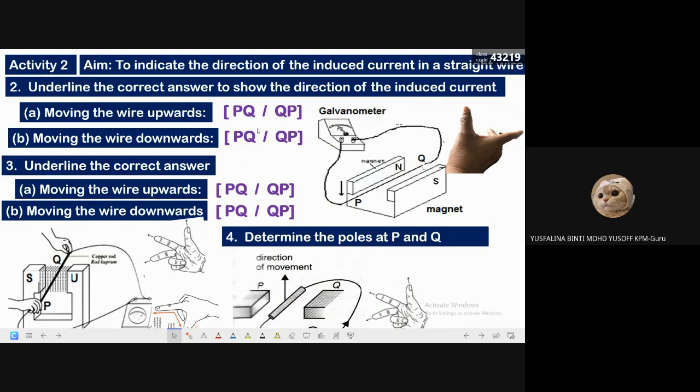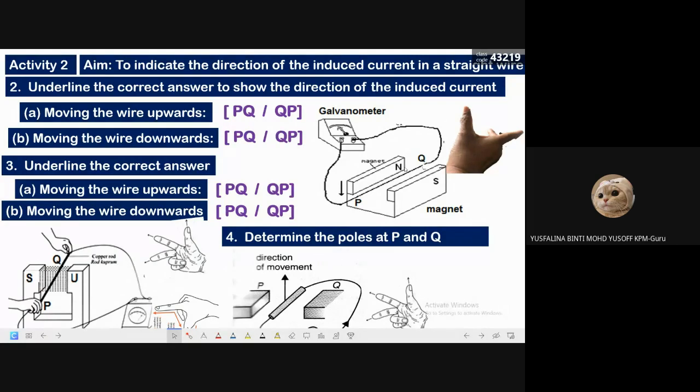Before this, in the electromagnetism we learned using a battery, you know which way the current will move, from positive to negative, because there are positive and negative terminals.